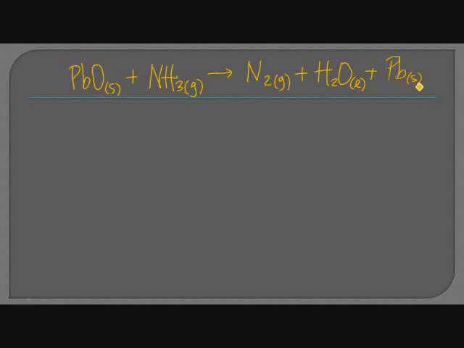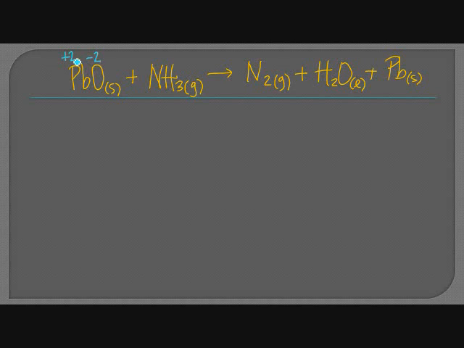Okay, so in this problem, we can't do an ionic equation because there are no aqueous solutions as a part of this. They're all solid, liquid, or gas. So instead, we're just going to compare their oxidation states. So the oxygen we know has -2, so that means that the lead will have a +2.